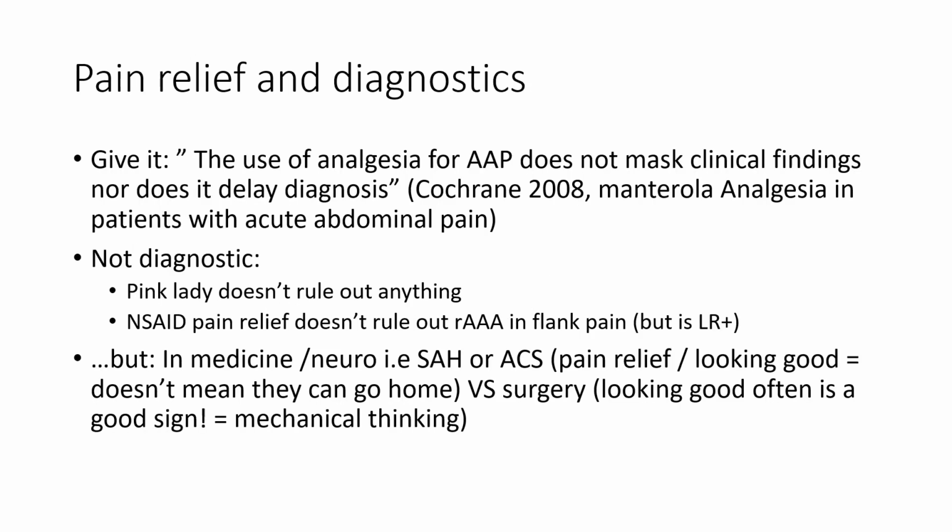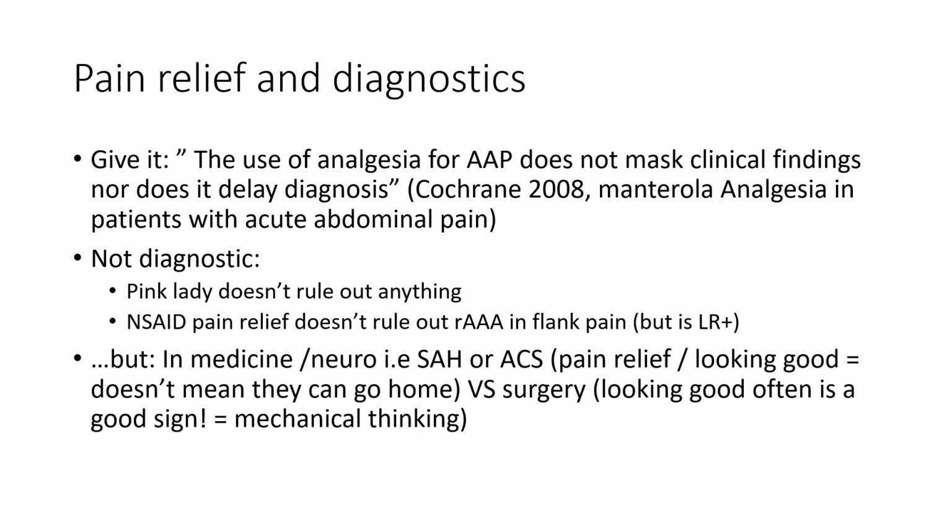Then I guess there's a syndrome I also want to talk about, the pain relief syndrome. And just to dispel this myth, some of the nurses still come to me and say, oh, I didn't give any painkillers because I wanted to be sure that it didn't affect the diagnostics.